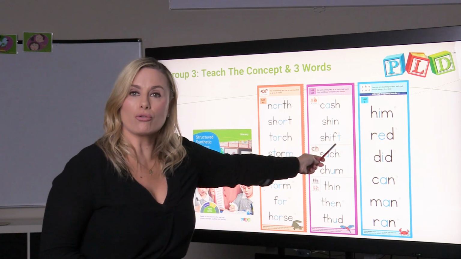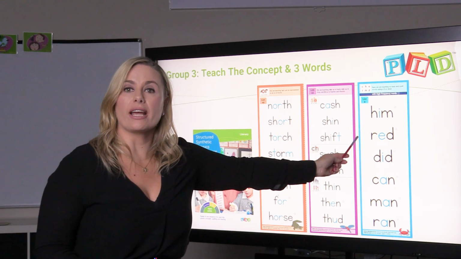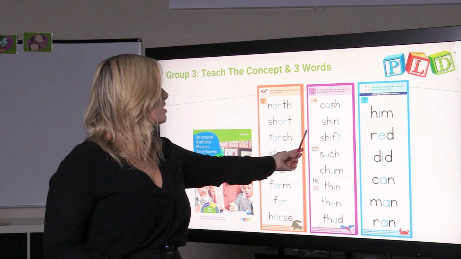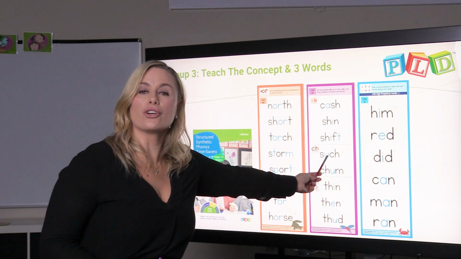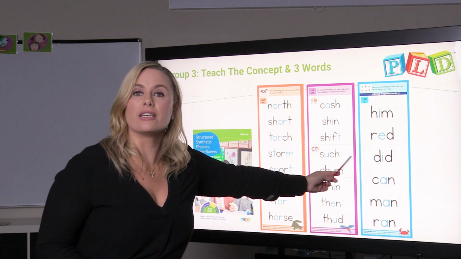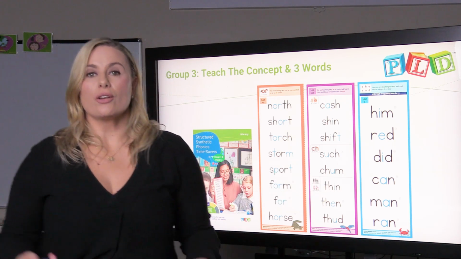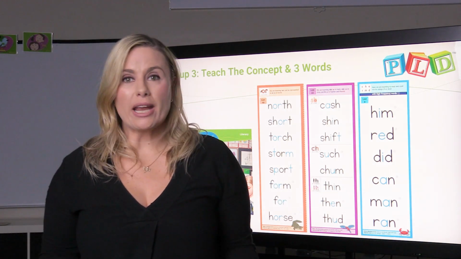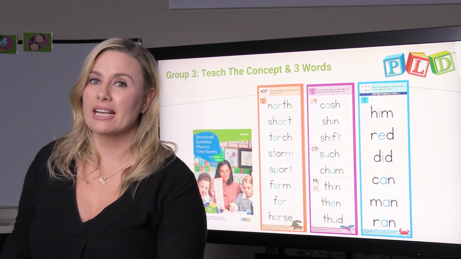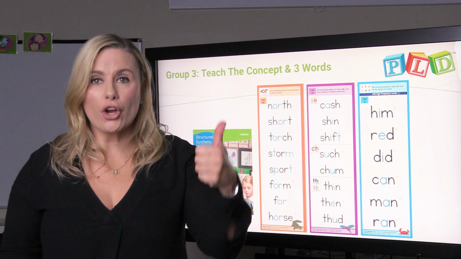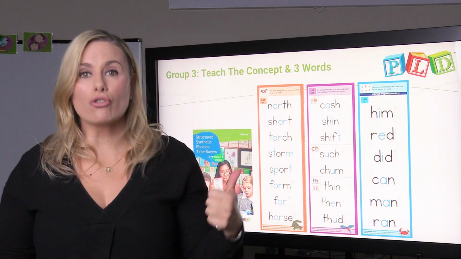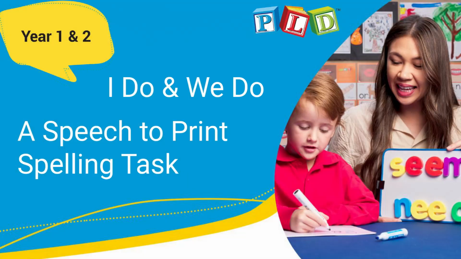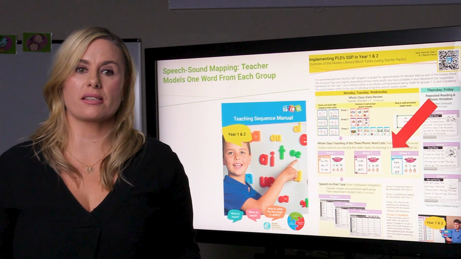Red, red. Did. Finally, group 3, what have we been looking at? We've been looking at our alphabet sounds: k, h, e, d.